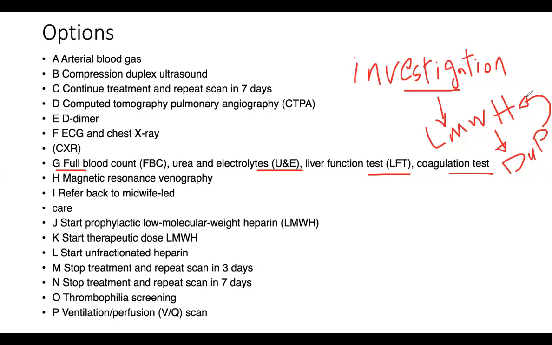So which one came first? The low molecular weight heparin came first, right? And before the low molecular weight heparin, you even have to do investigations, right? This is for the DVT.